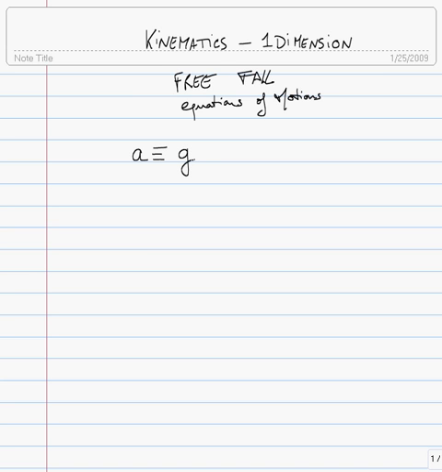So g is an acceleration which happens to have a very, very specific value, which will be 9.81 meters per second squared. That's what freefall is.